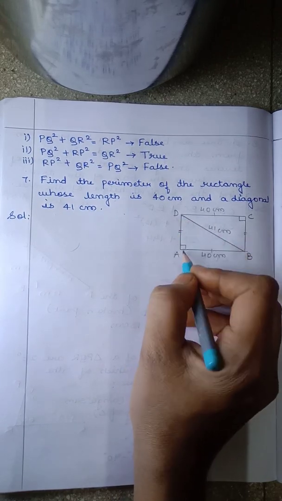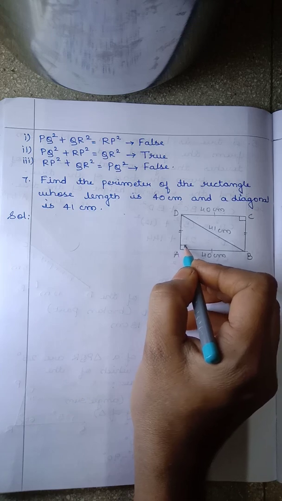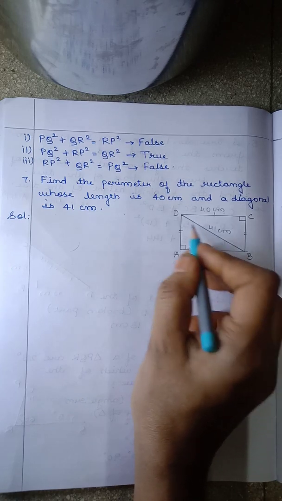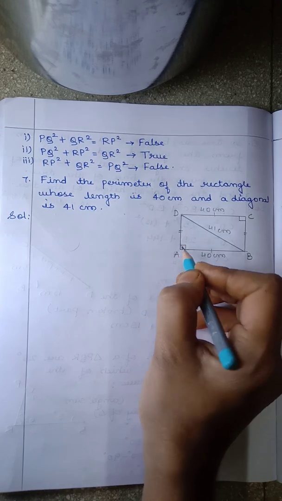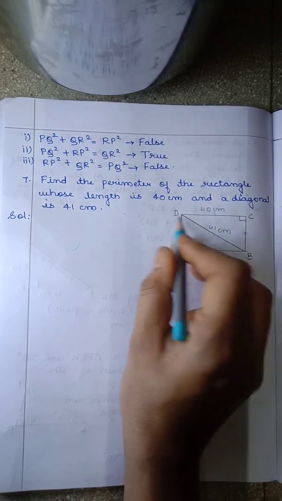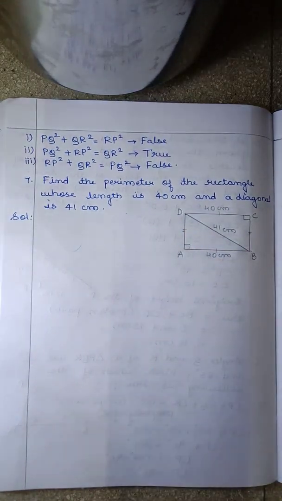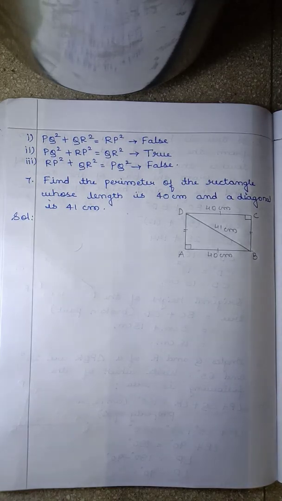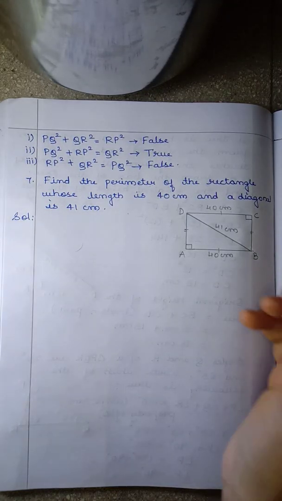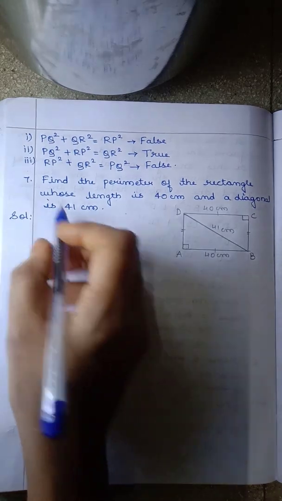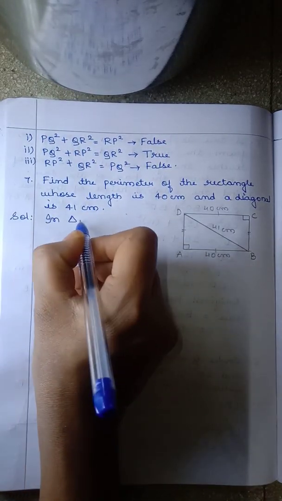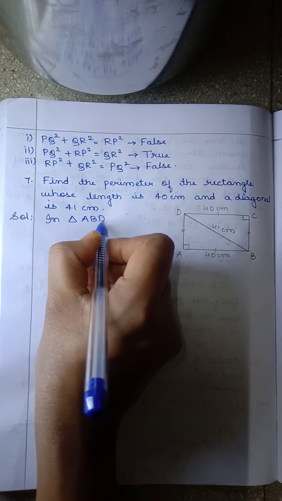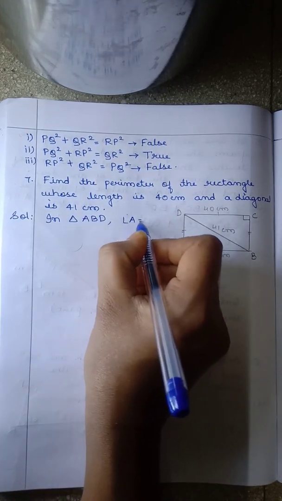So how to find the side AD, children? Now here, consider the right angle triangle ABD. In triangle ABD, angle A is 90 degree. So opposite to this, the hypotenuse is BD. So use the Pythagoras property and find the breadth of the rectangle ABCD. In triangle ABD, angle A is 90 degree.